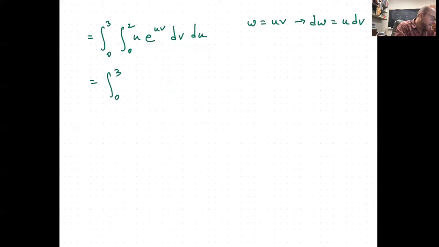And we can see that we have a u dv to put together there. And so we would be dealing with an integral, yuck, this is extra work, sorry. An integral of e to the w dw. And then we have a du to deal with.